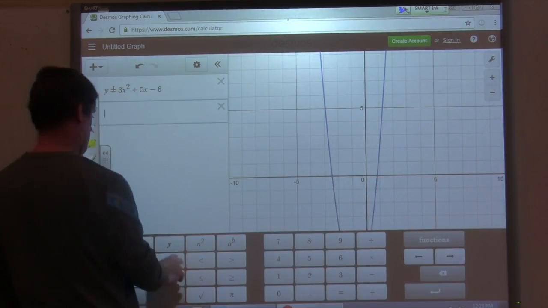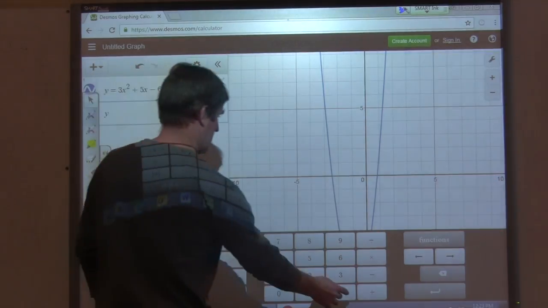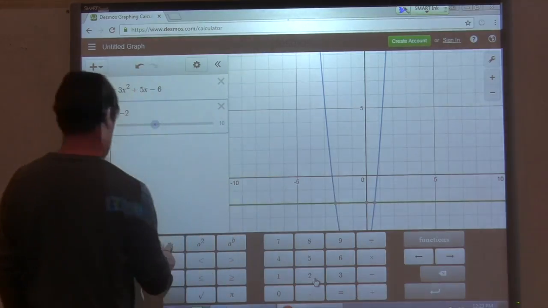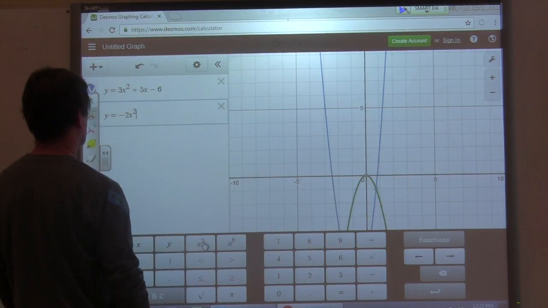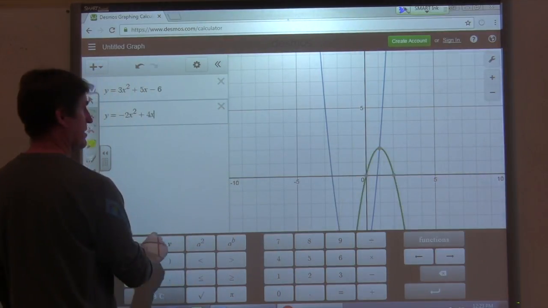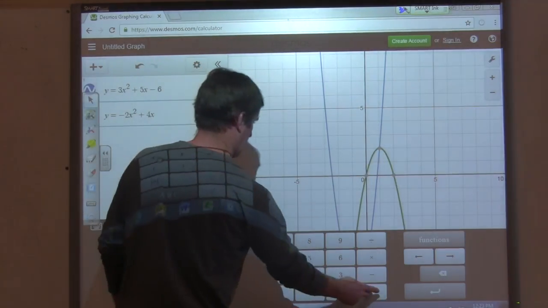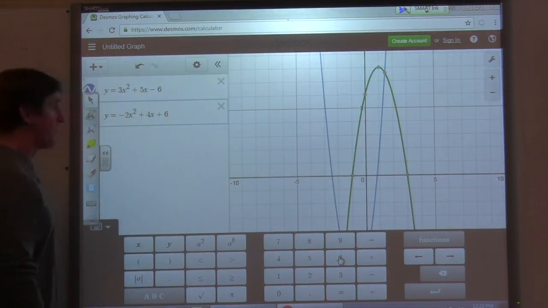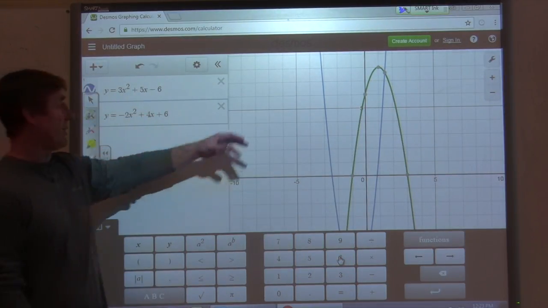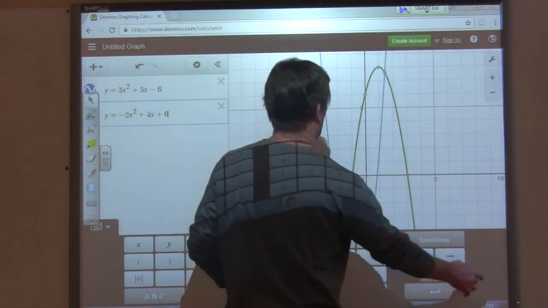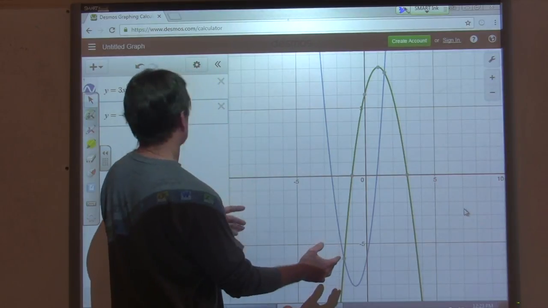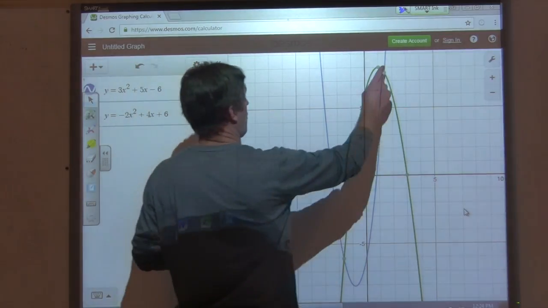And let's go y equals negative 2x squared plus 4x plus 6. Okay? And so you just type them into the Desmos calculator, get your two graphs, and then we are looking for the intersections of where the two graphs cross, so where the blue and the green graph cross.